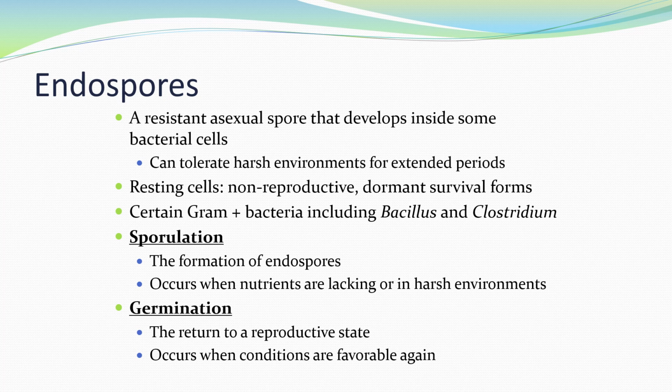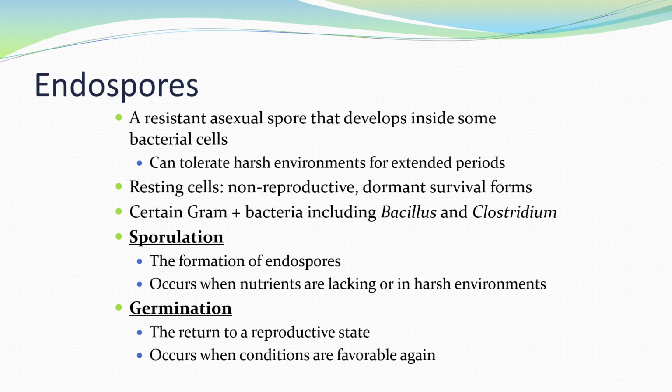And again, this is going to happen when the environment becomes harsh, or maybe the bacteria is lacking in nutrients. It just depends. When the environment returns to favorable conditions, then the bacteria is able to return to its normal reproductive state, and what we call this is germination.